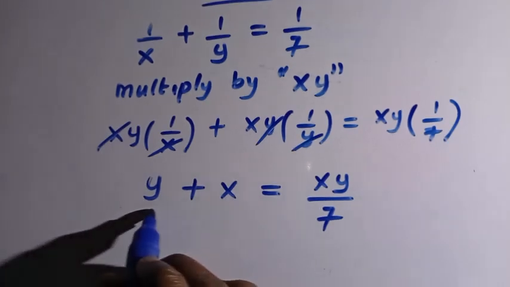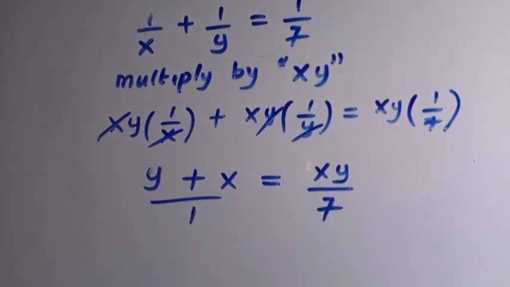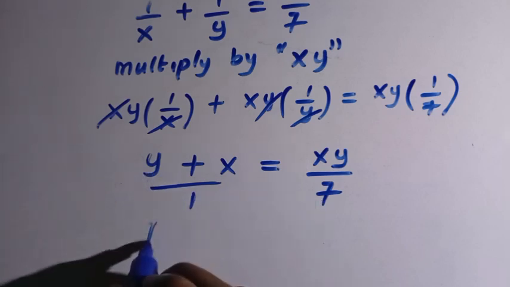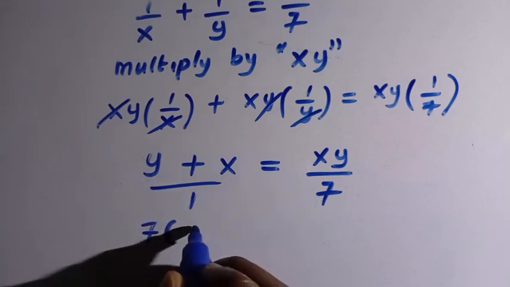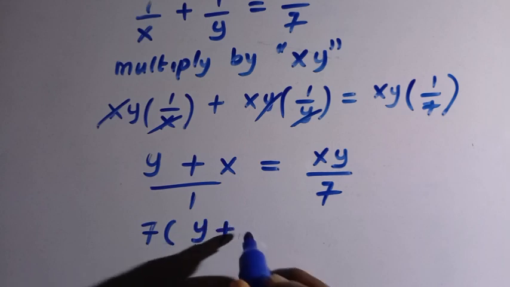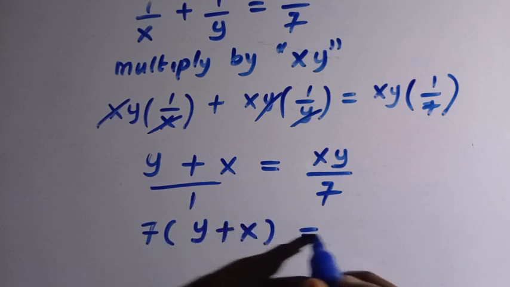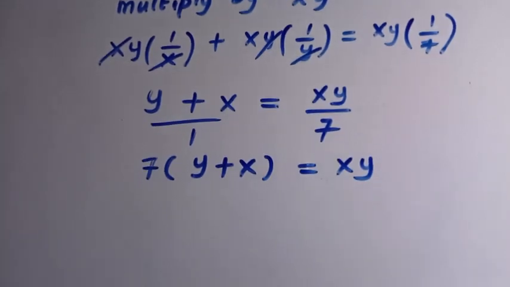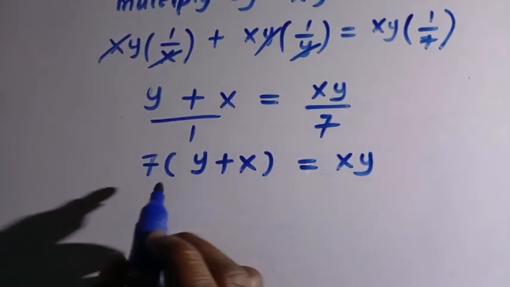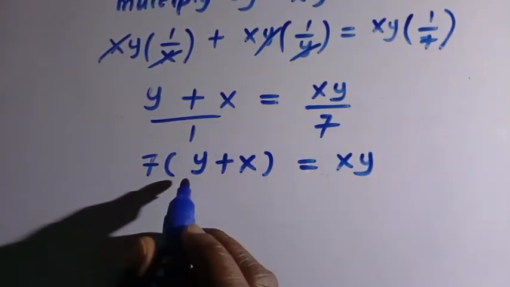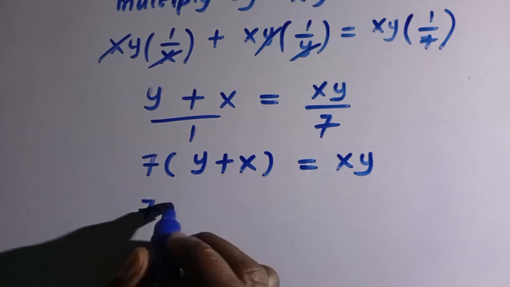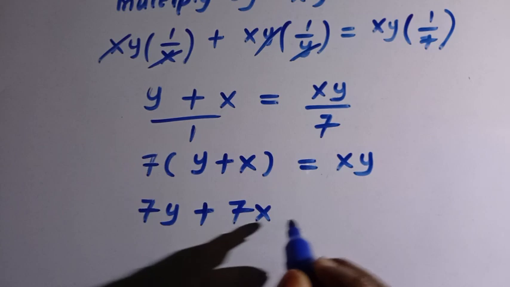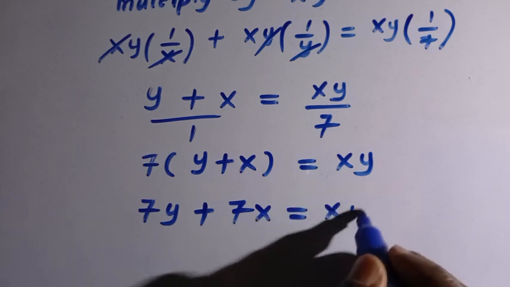Then let's try and cross multiply. We multiply 7 with this, then we have 7 bracket y plus x equals xy. Then let's open this parenthesis with 7. 7 times y is 7y plus 7 times x, that is 7x, equals xy.